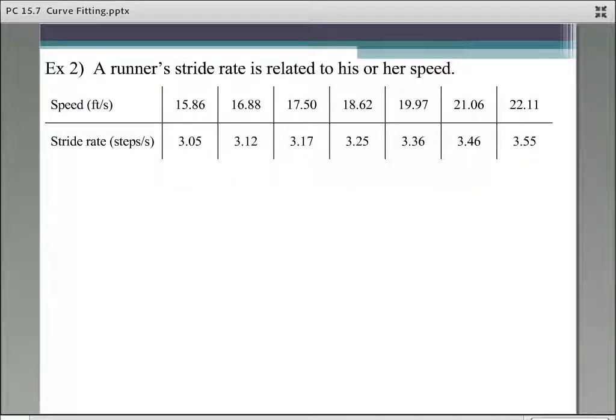It says a runner's stride rate is dependent on his or her speed, and they give you this table, and we're going to plot it using a scatter plot. How you do that is you hit the stat button.